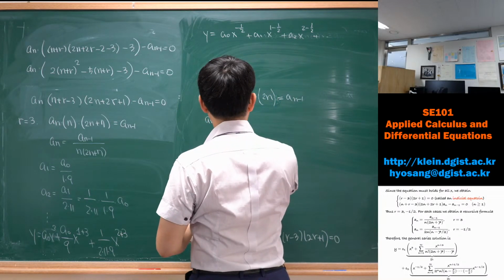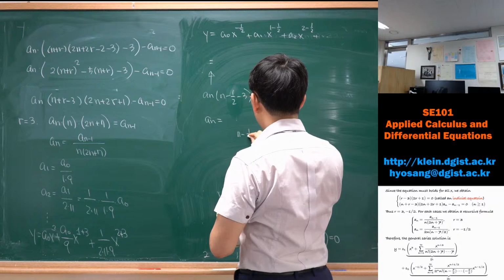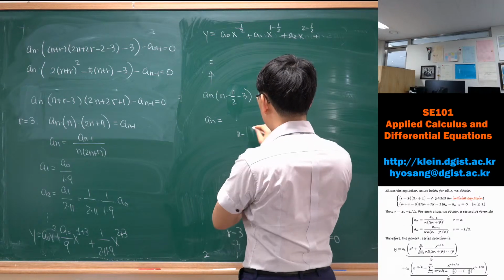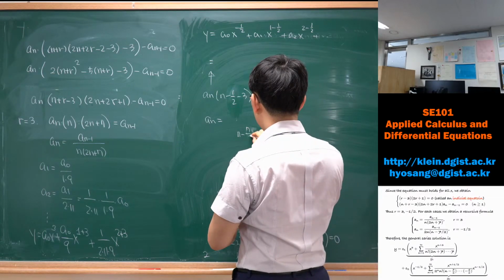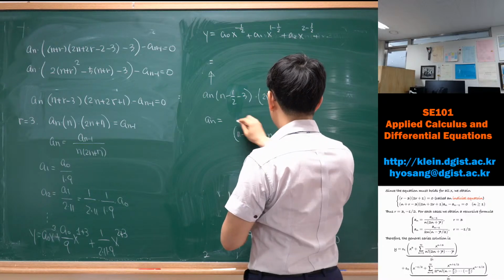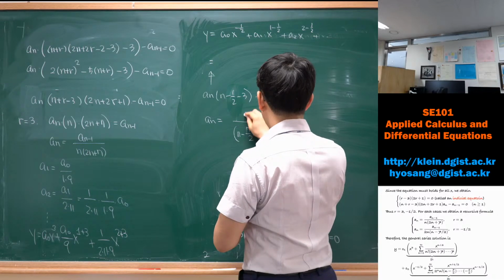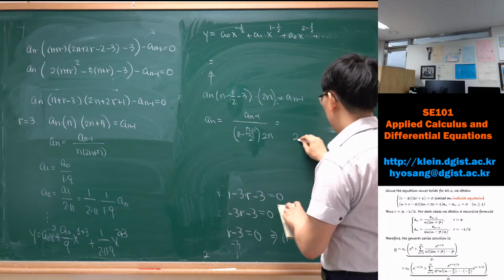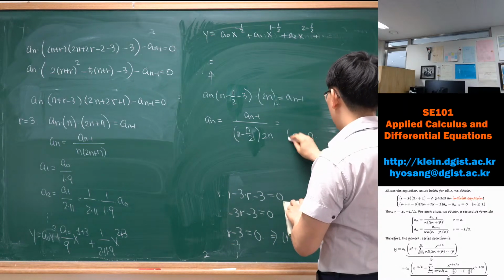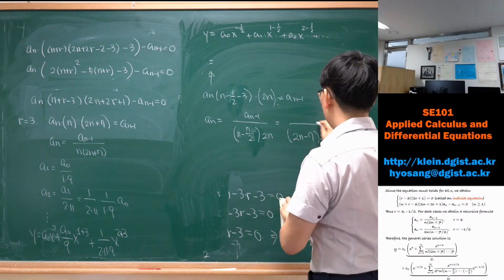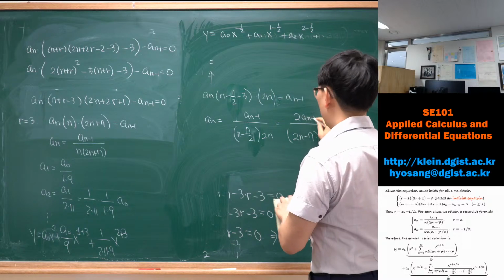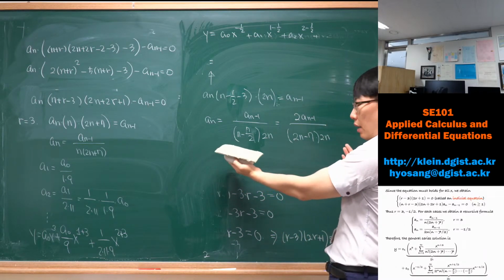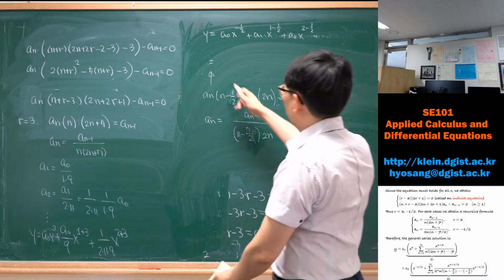So a_n is now 1 over n times (2n minus 7) times 2 times a_(n minus 1). For simplicity, we had (2n minus 7) times 2n. So that's the recursive formula when r is negative 1 over 2.